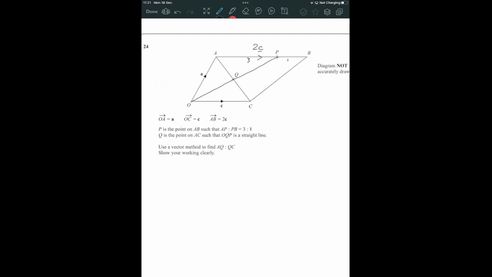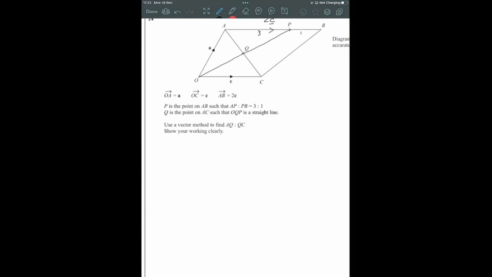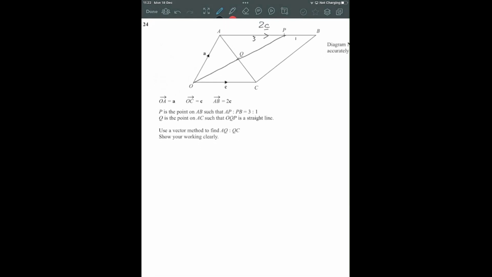Now I believe this is one of the most challenging versions of this question, where it's almost simultaneous in some sense. So we need to try and use the fact that OQP is a straight line.